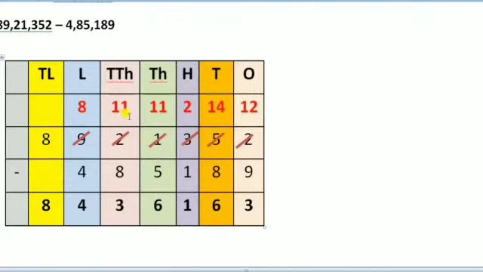Now from 1 we have to subtract 8. Not possible. Again this 1 asks the next column for a value. When 9 lends 1 to this 1, it becomes 11 and 9 becomes 8. From 11 subtract 8, it will be 3.